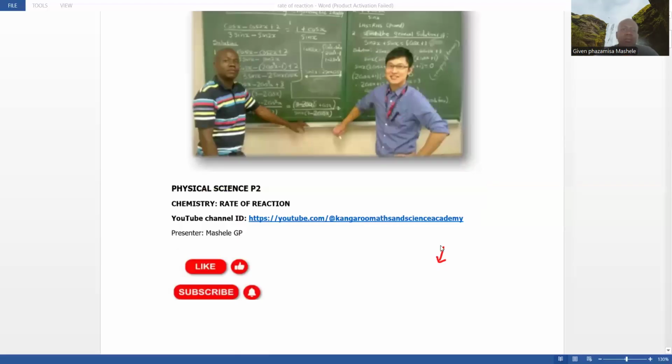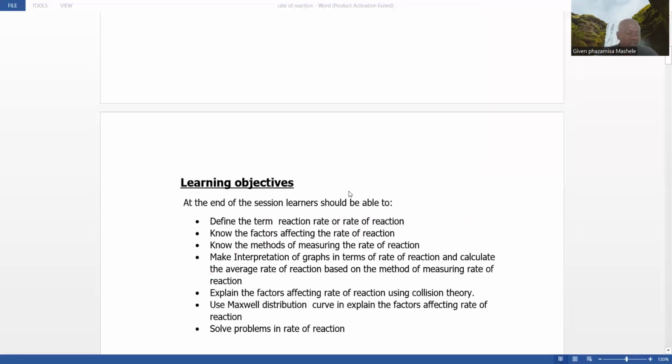All right. Without wasting time, ladies and gentlemen, let me take you through the learning objectives. The learning objectives for the rate of reactions say that at the end of the session, learners must be able to define the term rate of reaction. Learners must also know the factors that affect the rate of reaction, and know the methods of measuring rate of reaction.